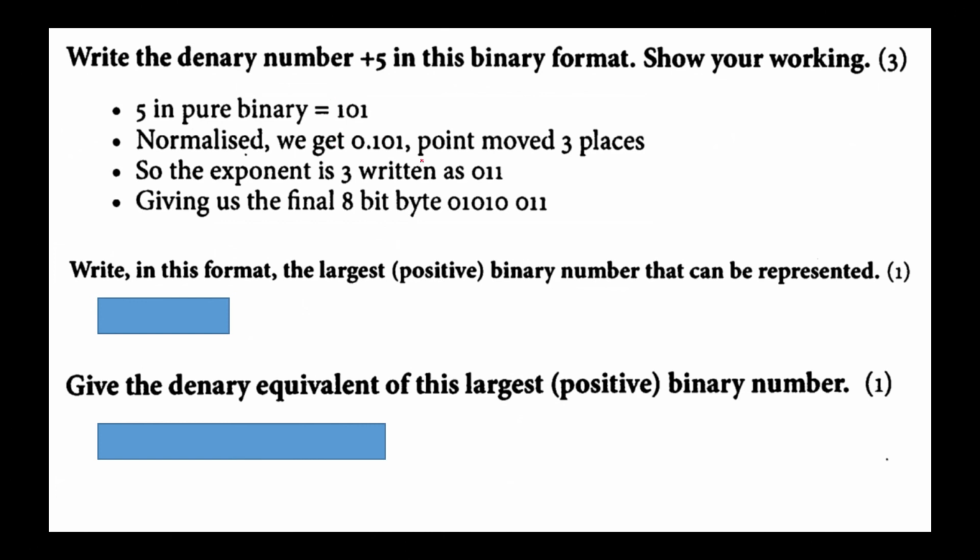Then normalize it, we get that. So it moves 3 places: the dot is normally here, then it goes 1, 2, 3. Then the exponent is written as 0, 1, 1 as it moves 3 places.